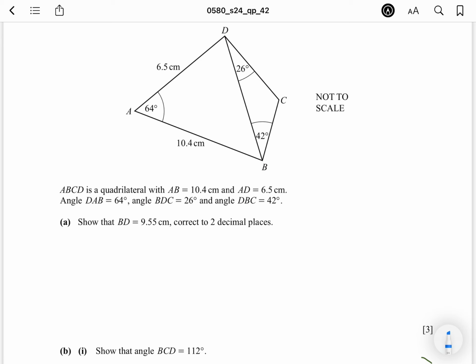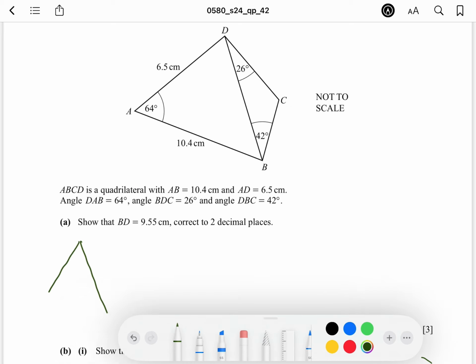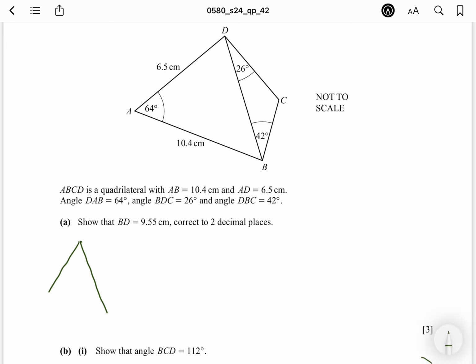BAD. Let's see if that helps. Vertex A, vertex D, vertex B, putting all of it in. So this way, you concentrate on what is required only. So 26 and 42, the angles.